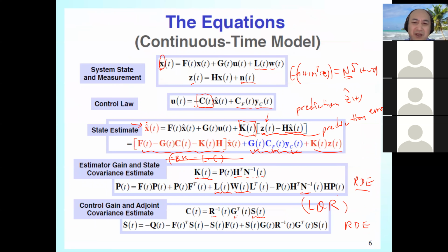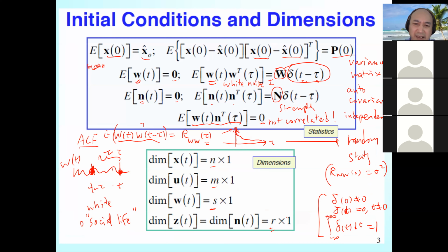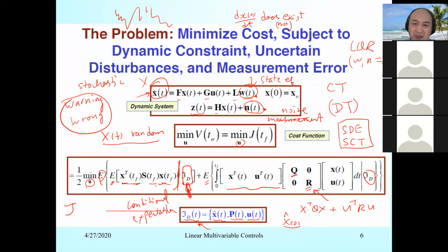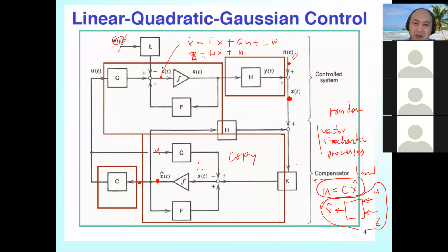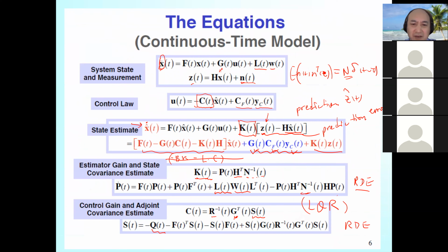G is like B. Then in this RDE, Q and R showed up. Remember Q is my state weighting matrix. The others are similar.